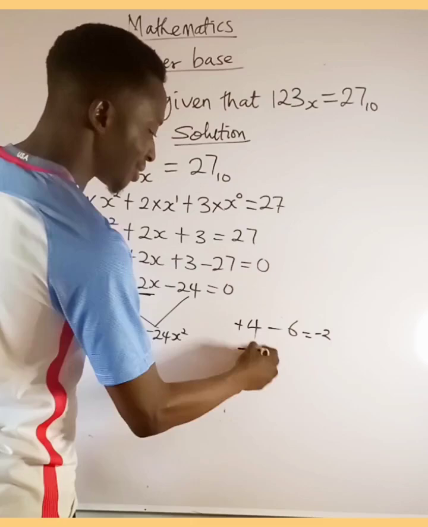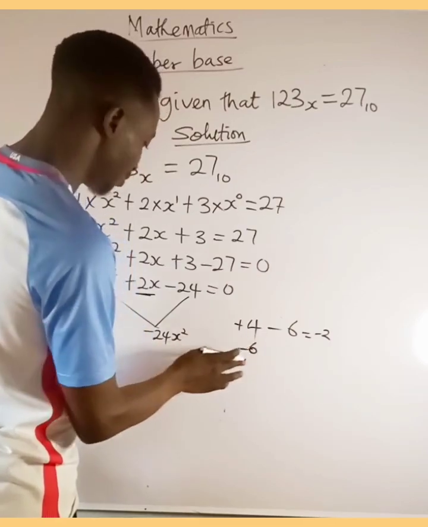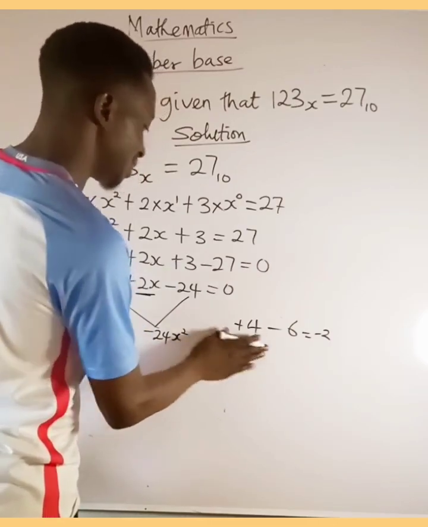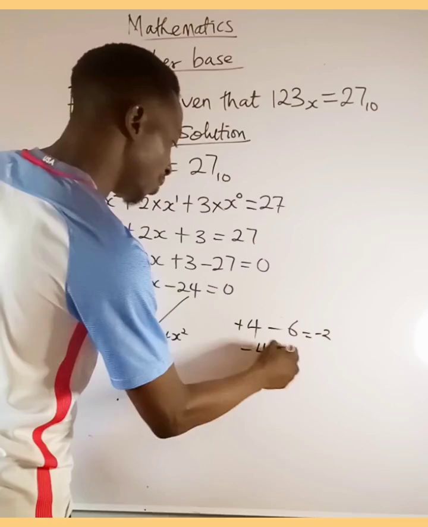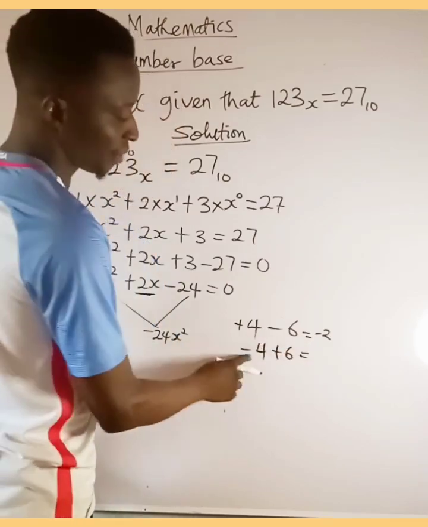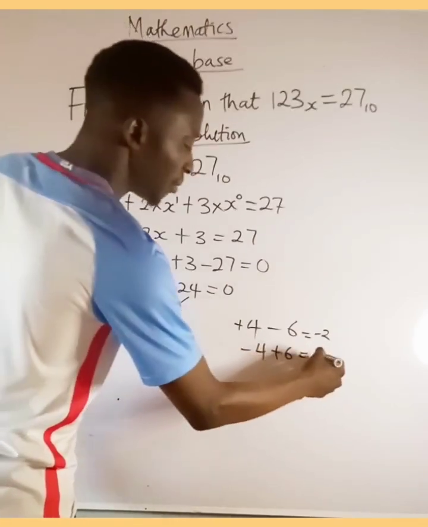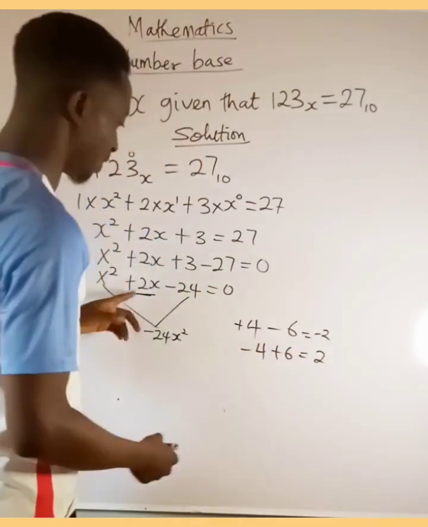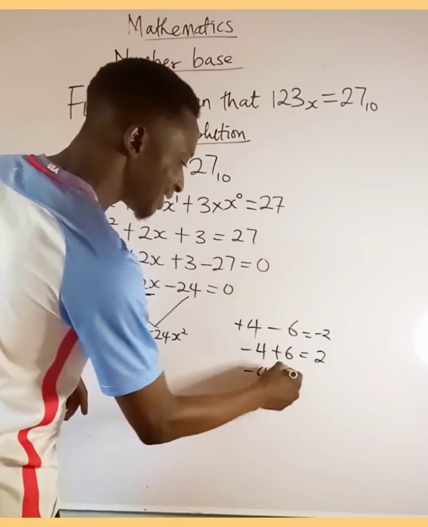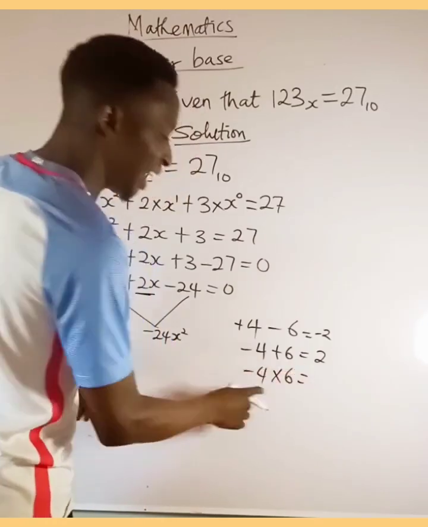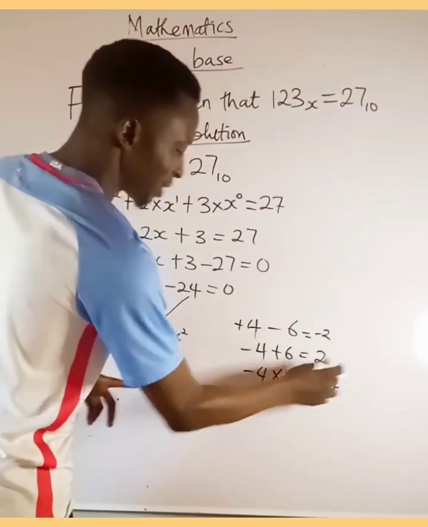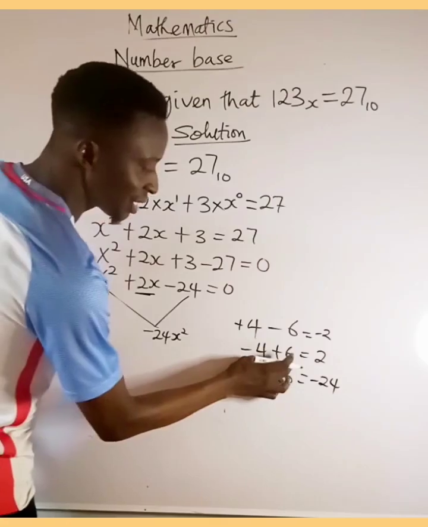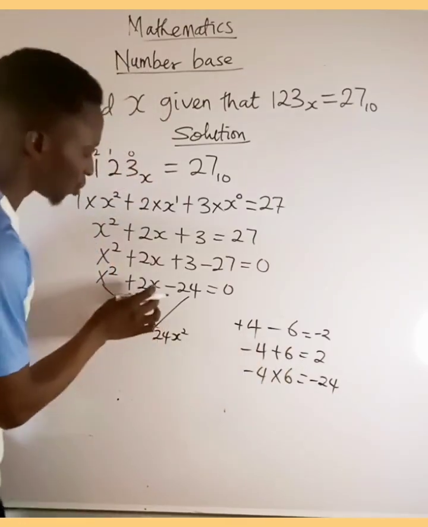So I can have minus 4 plus 6, and this time minus 4 plus 6 gives positive 2, which is satisfying. Then minus 4 times 6 gives minus 24, so this is satisfying. Now we are going to use these two values to replace the middle term.